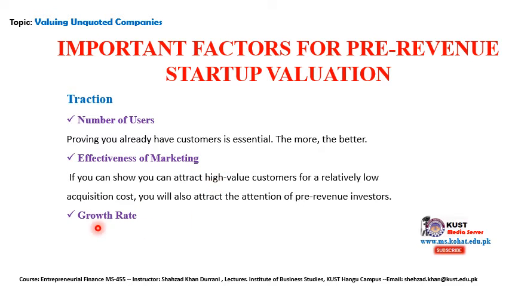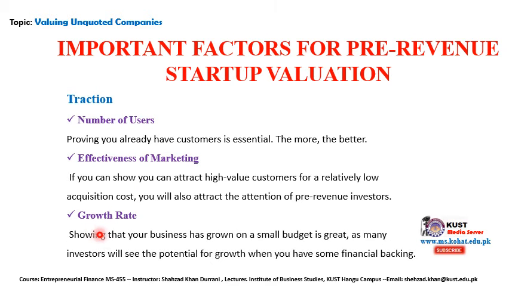The next one is the growth rate, right? So the next thing that provides value to your business is your growth rate. Growth rate shows that your business has grown on a smaller budget, which is great. If you started from a really small budget, many investors will see the potential for growth when you have some financial backing, and your business is growing rapidly and at a steady pace.